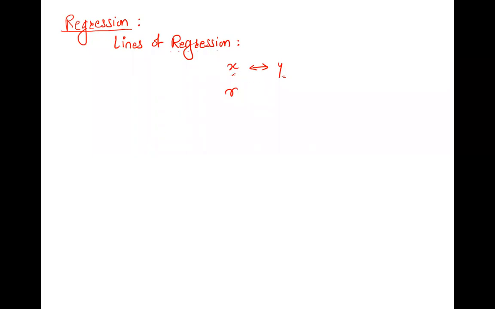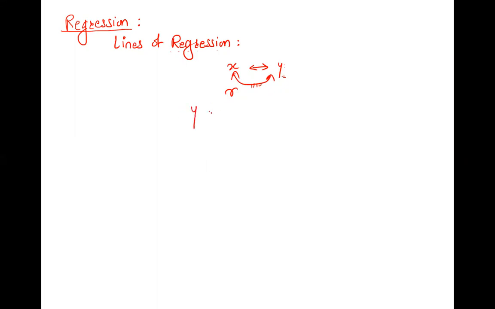So how is x related to y and how is y related to x, we have to find that. We have just seen that there is a correlation, but what actually is the relation, we have to find.